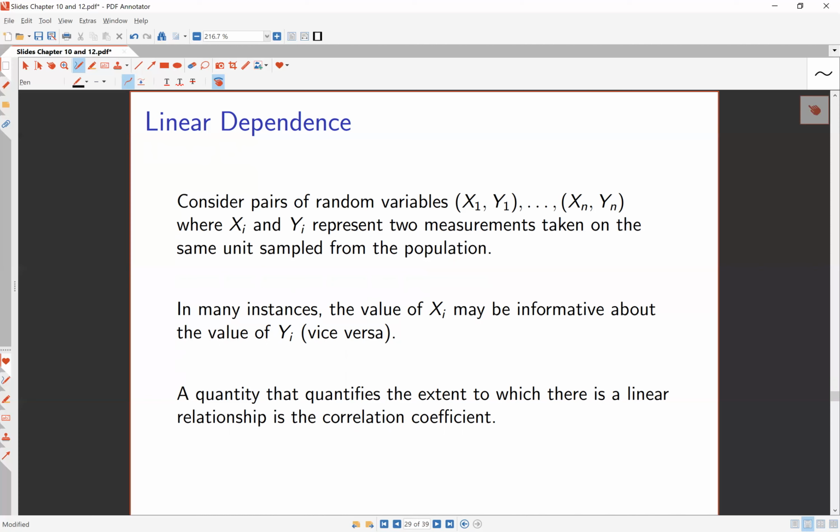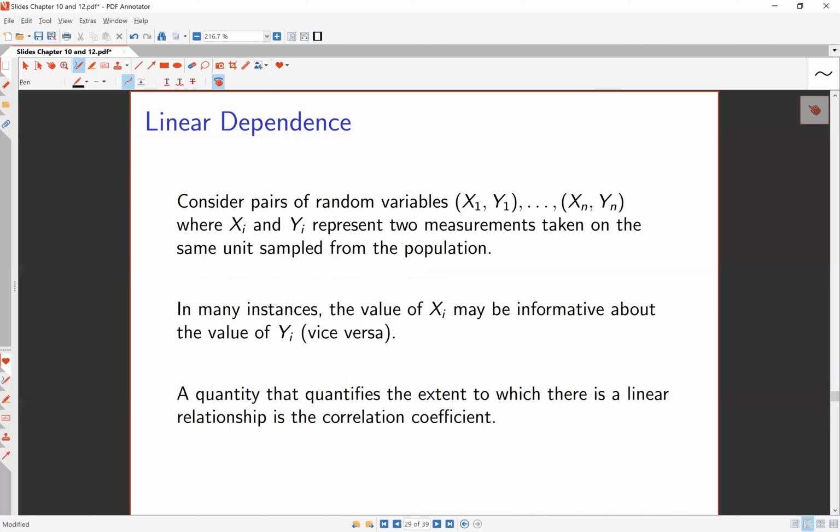This could be, for example, measuring someone's shoe size and also their height. Or for a food type, it could be measuring protein content and carbohydrate content. One unit sampled from a population measuring two different quantities on the same unit.